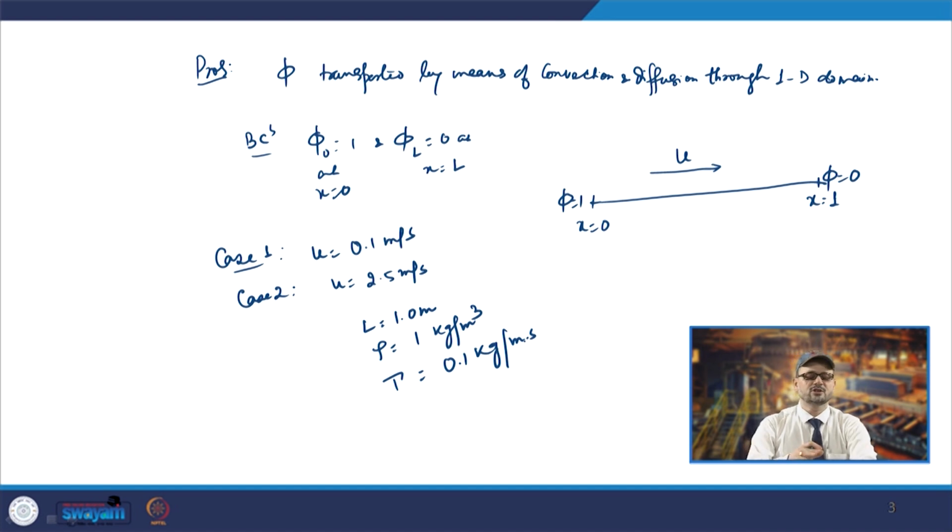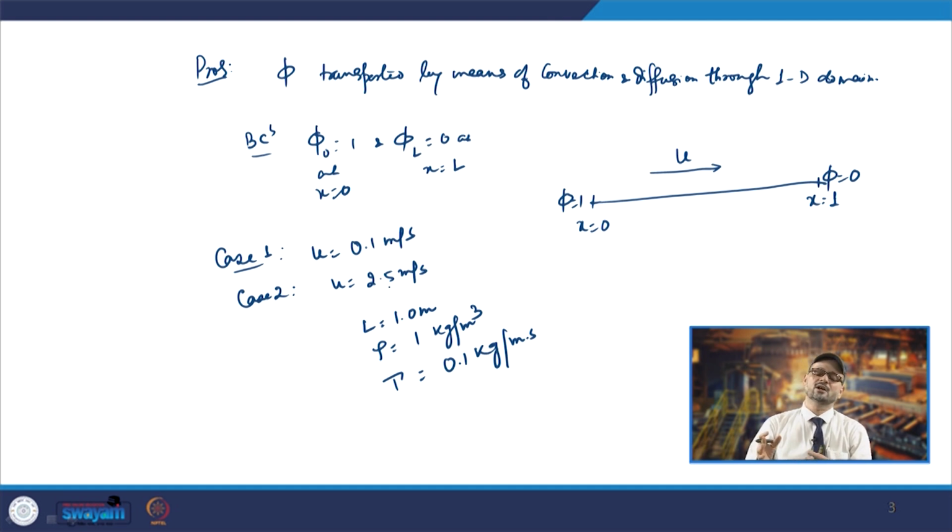For case 1 u is 0.1 meter per second, and for case 2 it is 2.5. As you see, the velocity is very much increased, so the convection term will dominate in this case, and accordingly the Peclet number will also change. That also is a function of dx.